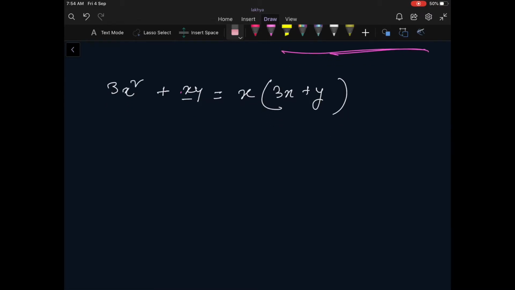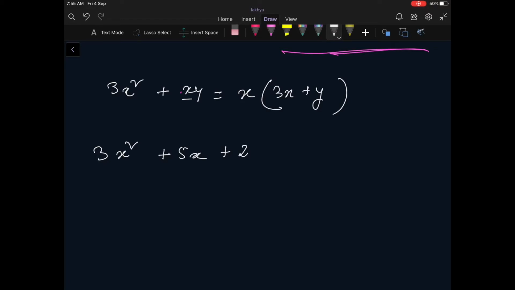Suppose we have a trinomial, thrice x square plus 5x plus 2. Here you see how to solve this.